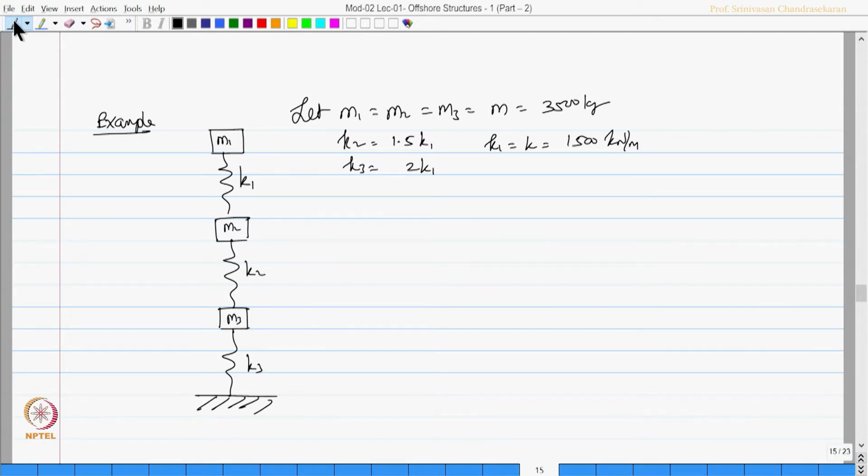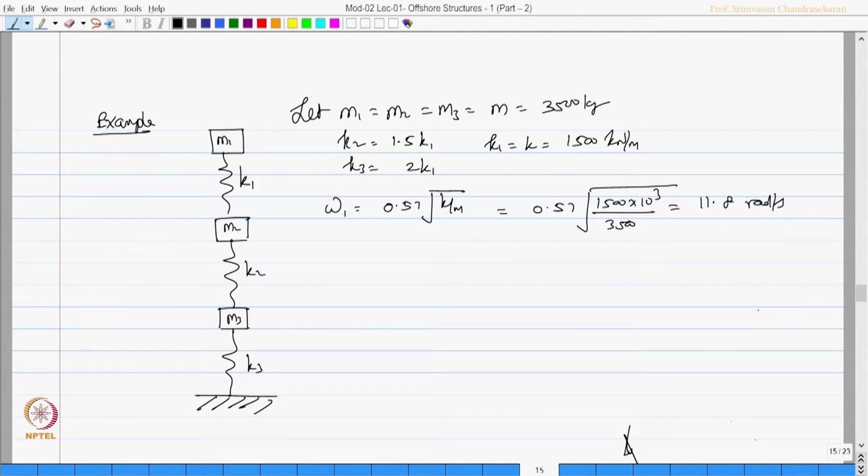Let us say I determine omega by the influence coefficient method and the values are omega 1 is 0.57 root k by m, which is 0.57 root of 1500 kilonewton divided by 3500, let us say 11.8 radians per second, and the corresponding phi 1 is 1.68 and 0.32.